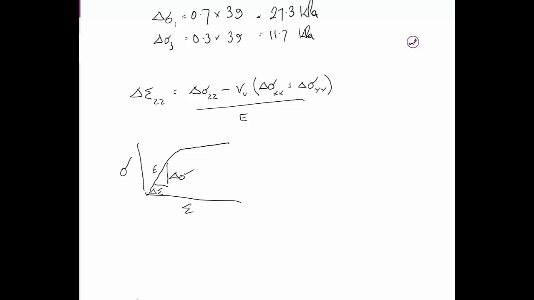And that's all this Hooke's law is. The change in strain on the top line here, change in stress, and on the bottom is the modulus. Modulus equals change in stress on change in strain, therefore change in strain equals change in stress on modulus.